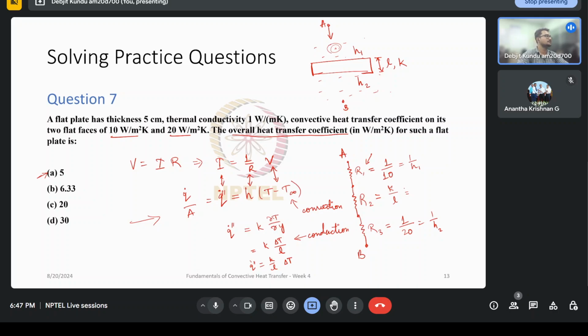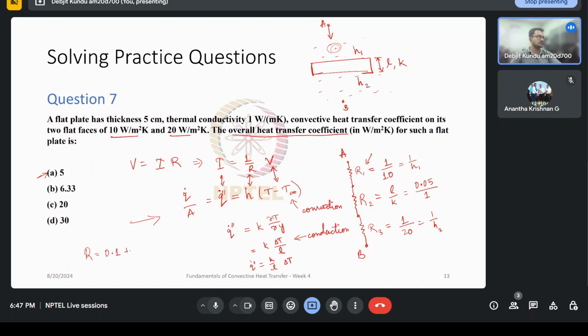Well, no, it should be... K by L is the resistance, right? No, sorry, yeah, you're correct. This should be L by K, and L is 5 centimeters, so 0.05 by K, which is 1, right?